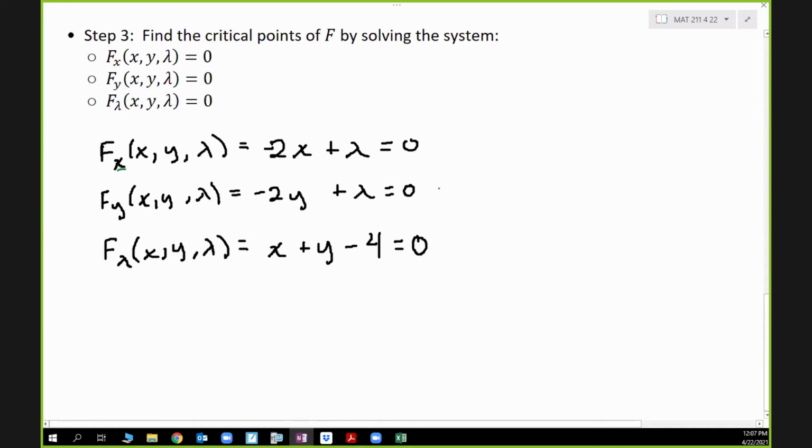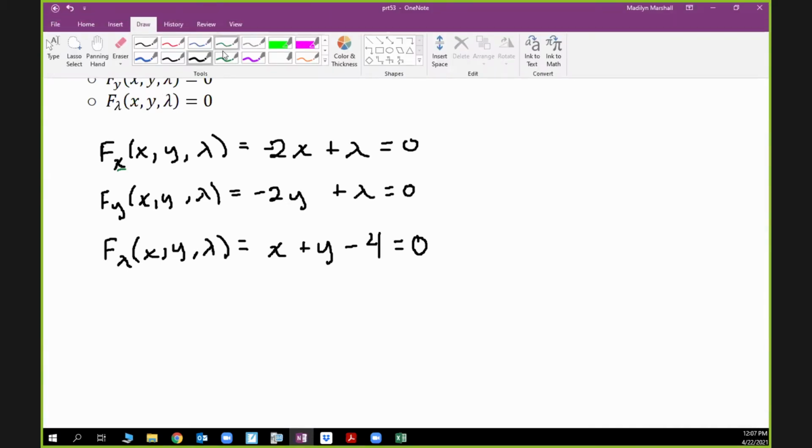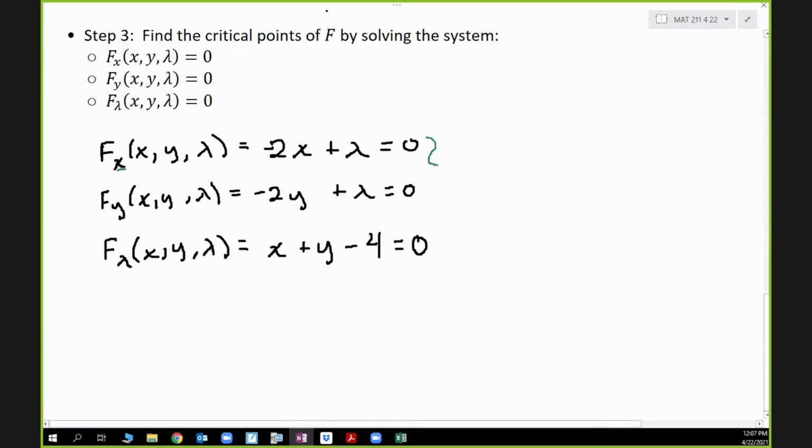So in this situation, I personally think it's easiest to solve each of these first equations for x and y so that we can plug them into this equation.